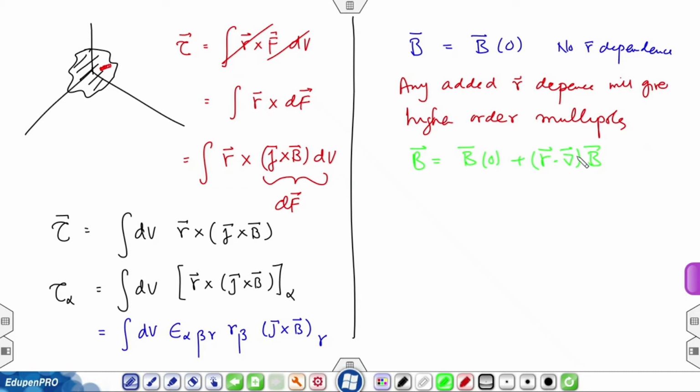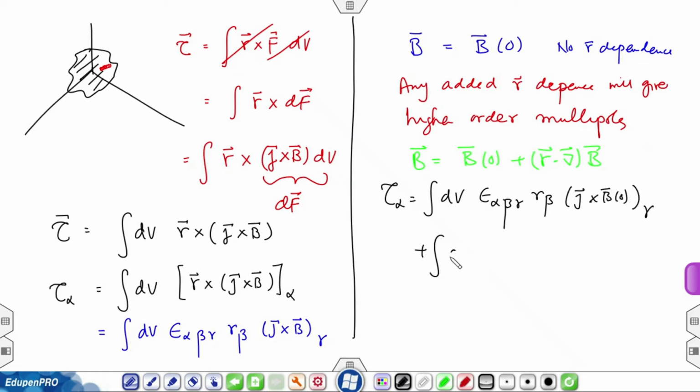Then the torque comes out to be integration dV epsilon alpha beta gamma r beta j cross B0 gamma plus dV epsilon alpha beta gamma r beta j cross r dot del B0 gamma.